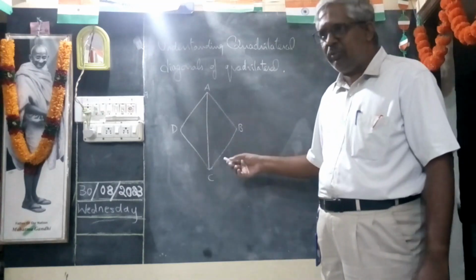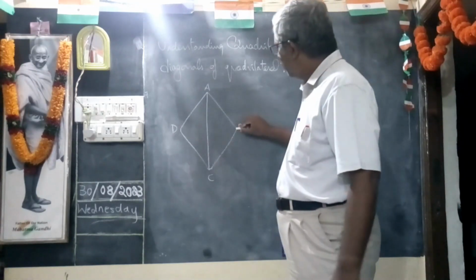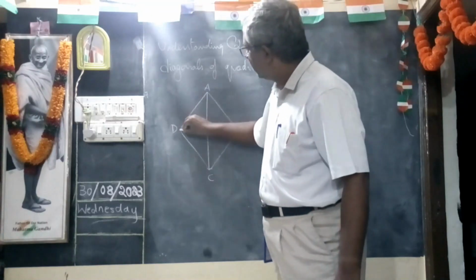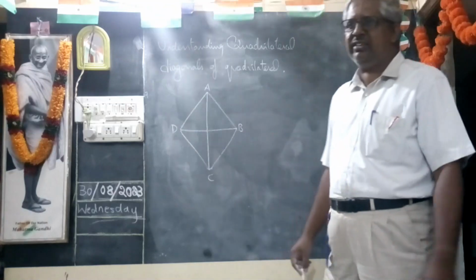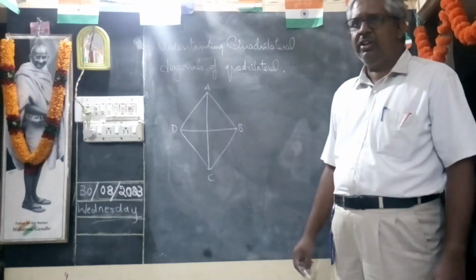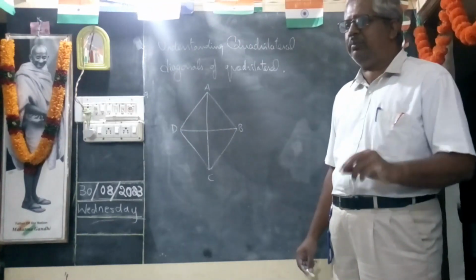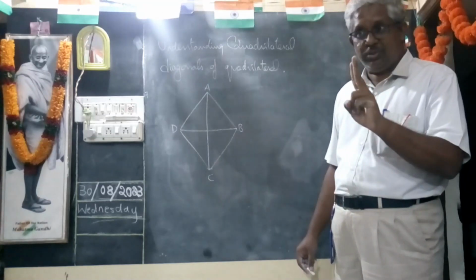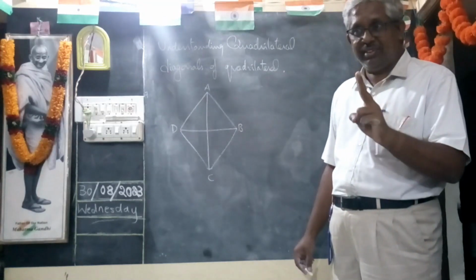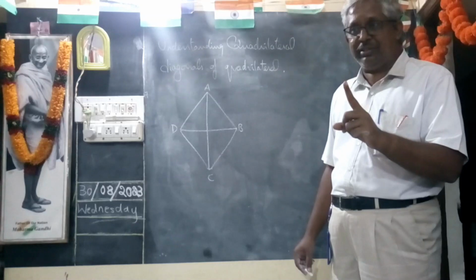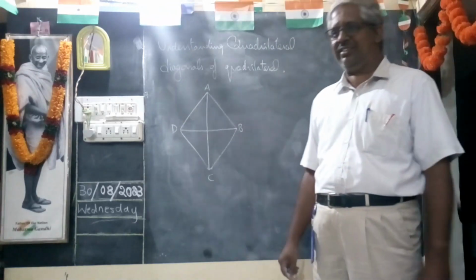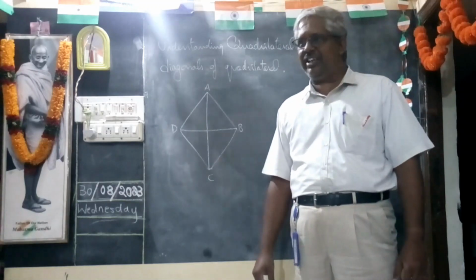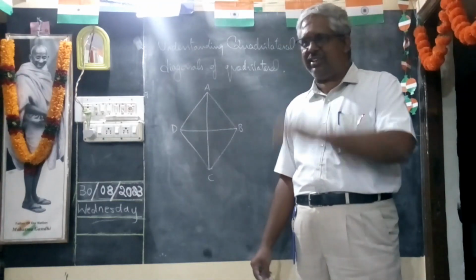And is there any other one? Yes, there exists one between B and D. So BD is again a diagonal, the second. So any quadrilateral will possess two diagonals, and this can happen only in convex quadrilaterals.